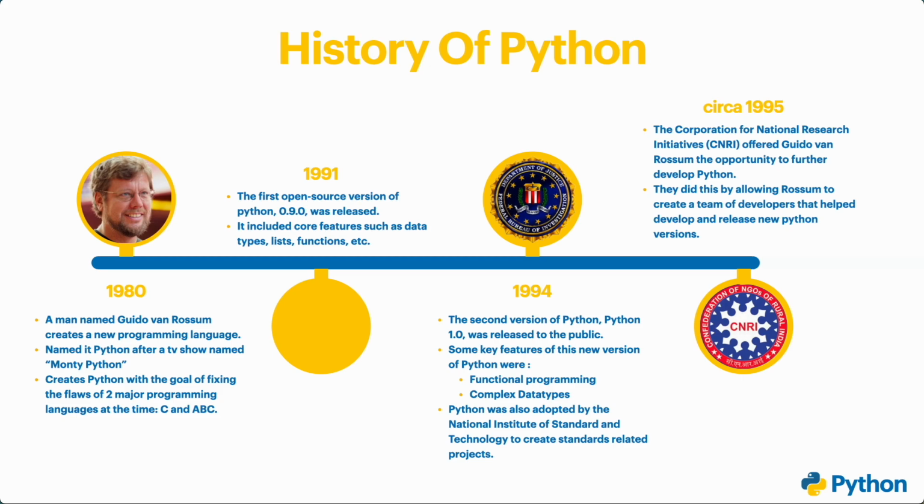So CNRI basically looked at the programming language that Guido van Rossum has created, and they thought it was worth investing in this programming language because they thought that this programming language had huge potential. So they offered Guido van Rossum the opportunity to further develop Python by creating a team of developers that would help Guido van Rossum build Python, add new features to Python, and release new versions of Python.